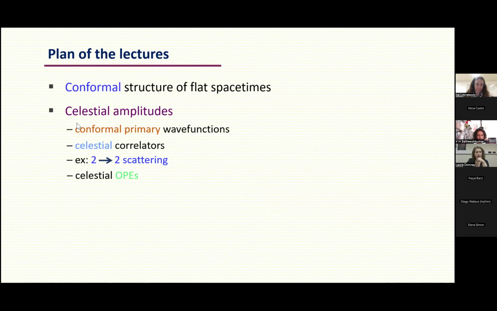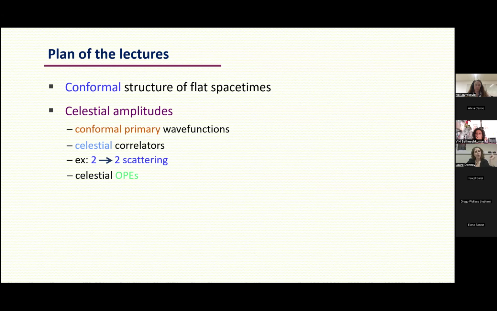So here is where we stand in the plan. We just saw this example of 2-2-2 scattering, and we saw this UV-IR mixing feature. Now I'm going to tell you about a rather nice feature of celestial holography, which is the fact that you can have a notion of operator product expansion, which is very important in CFT, also in celestial holography.